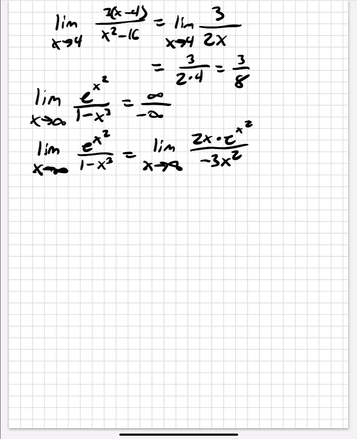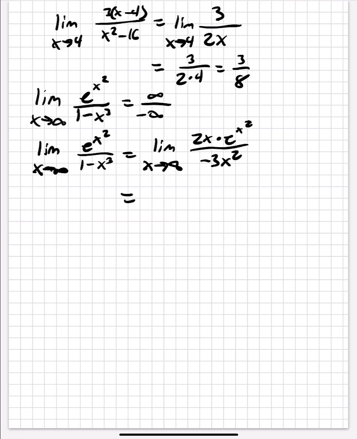Still, if I were to plug infinity in, I'm still going to get positive infinity over negative infinity. So I have to do L'Hopital's rule again. There are times that you may have to do L'Hopital's rule 3, 4, 5 times before you find an answer.